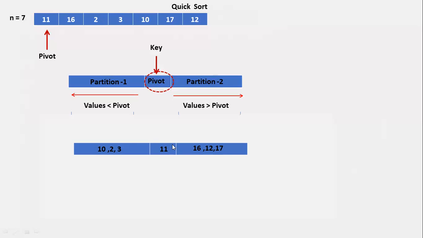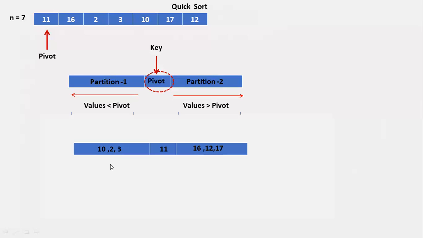So these elements are less than 11, but are not in the sorted order. And these elements are greater than 11, but they are also not in the sorted order. Of course, they can be, but in this case, they are not. So the elements to the left of 11 can be arranged in many ways by applying some logic: we can get 10, 2, 3, or 2, 10, 3, or 2, 3, 10.